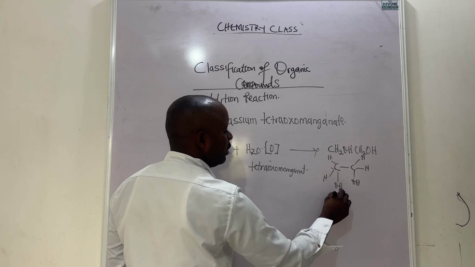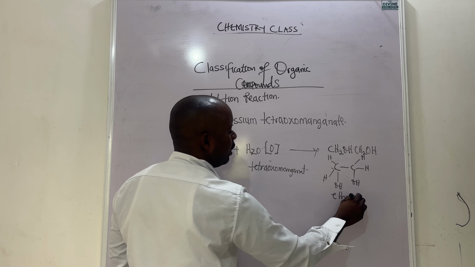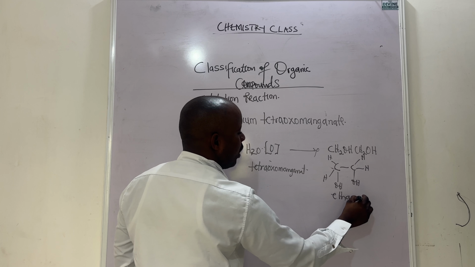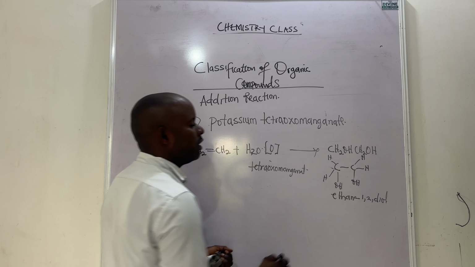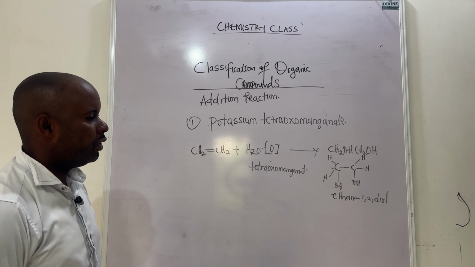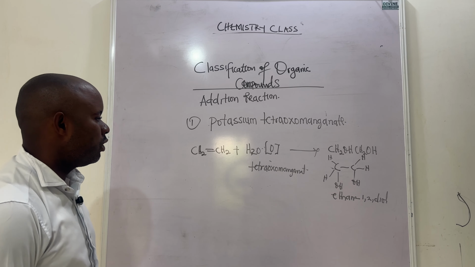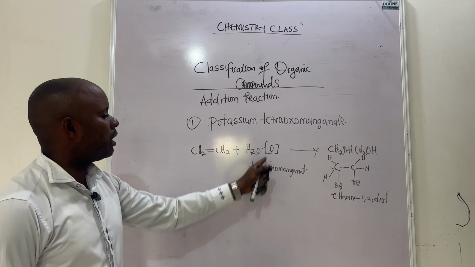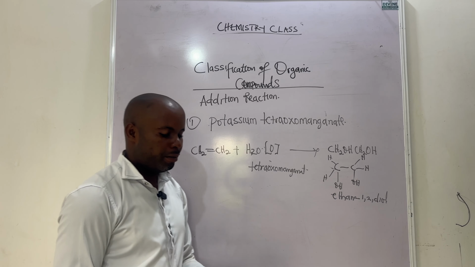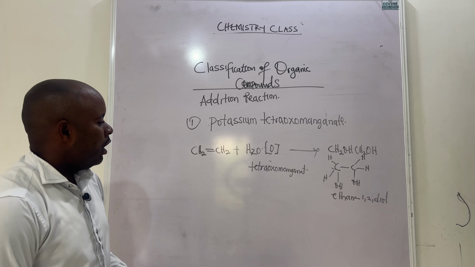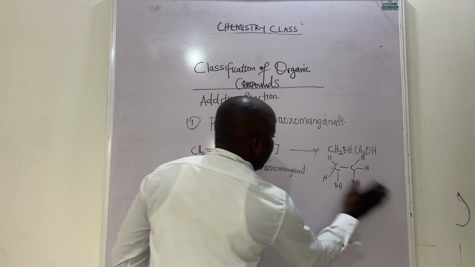We say this is ethane-1,2-diol. This is a very important organic compound used in our industry. So when you react with tetraoxomanganate, it will give ethane-1,2-diol. It's a very important compound that is very common in our industry.